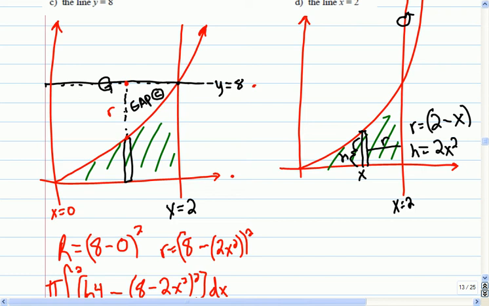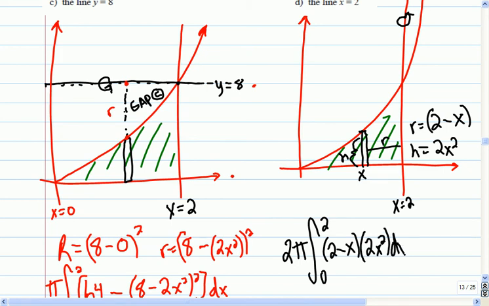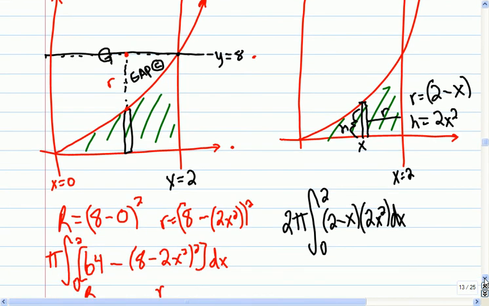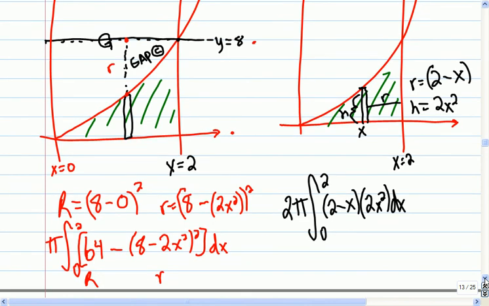So if I add them up, that means it'll be 2 pi, the integral from 0 to 2 of the radius function times the height function. So that's how we could set it up, and all we'd have to do is evaluate it at this point. Okay, so radius and height.